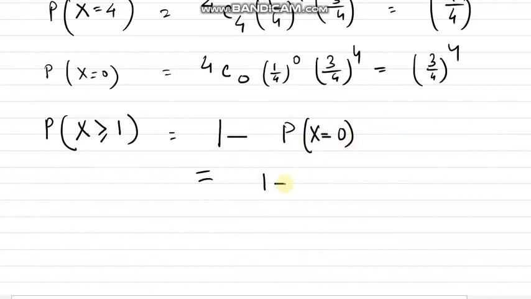So 1 minus (3/4)^4. That will be the answer for at least one white ball. I hope all of you understood. So just practice this binomial distribution. Please remember, for without replacement I am going to use the previous one, the random sampling, and with replacement I am going to use this binomial distribution. Thank you.